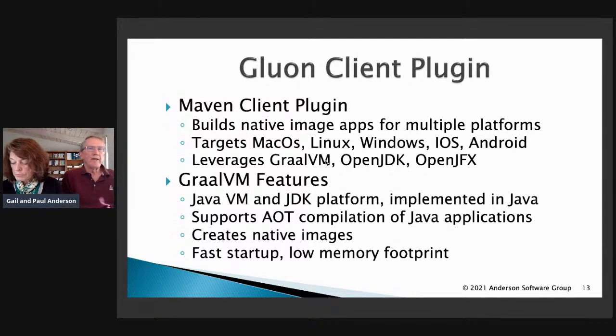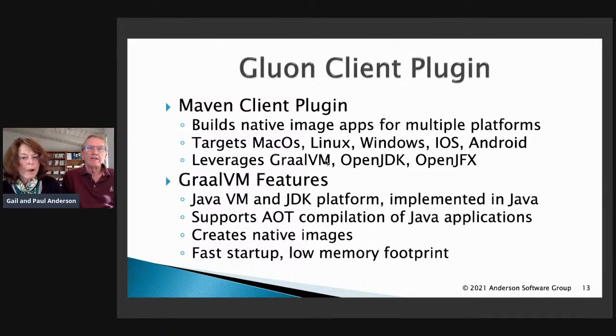Now, Apple prohibits JVM apps on mobile targets, and Android Java is not standard. So we need something to help us generate the native code for iOS and Android devices, all from one Java and JavaFX code base.